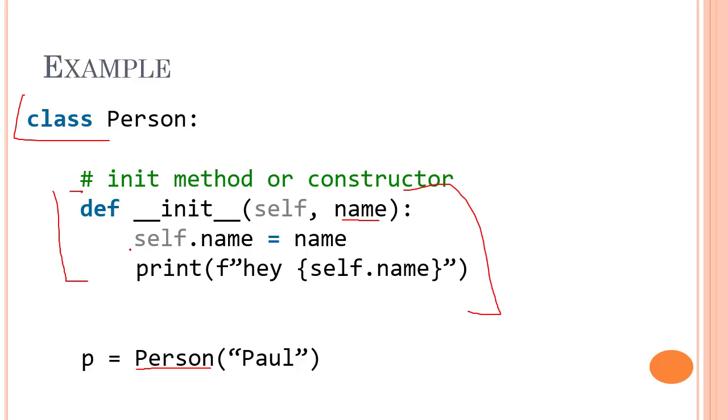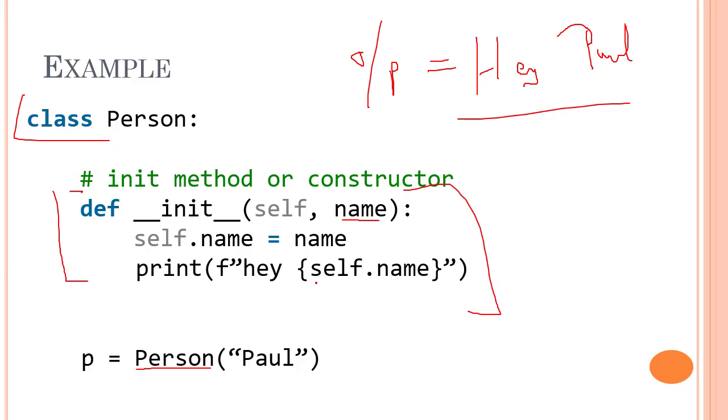Similarly, many objects of the Person class can be created by passing different names as arguments. Different names, different things, whatever values you want to give, you can just pass. So at the end, the output for this one will be, any guesses? It will be, yeah, hey, and at the end it will be Paul. Hey Paul. That's exactly what the output will look like.